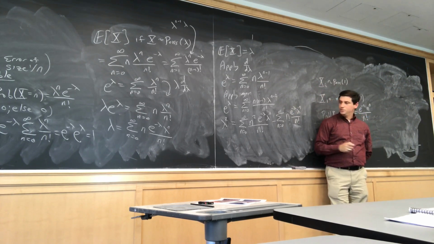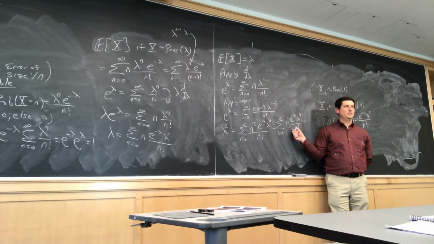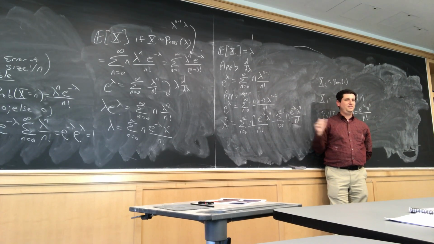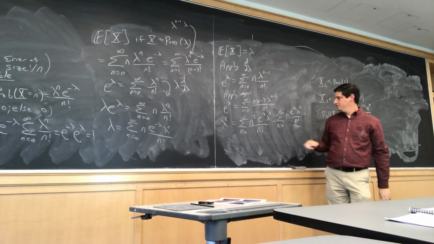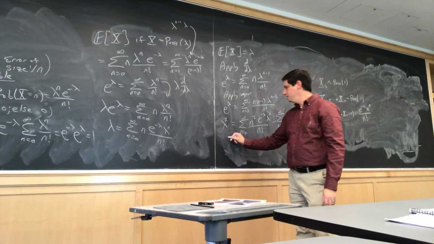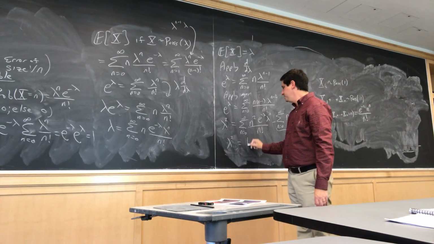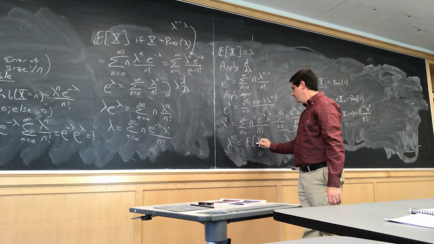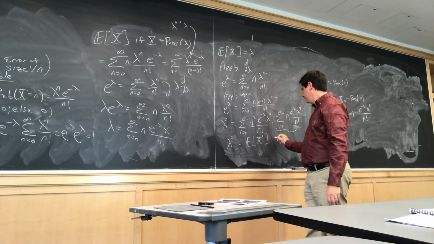The reason I'm doing it this way is I already know what this answer is. What is this answer? This one's lambda. That's the mean. So this is just, as you said, that's just lambda. This is lambda squared. And this is the expected value of x squared.